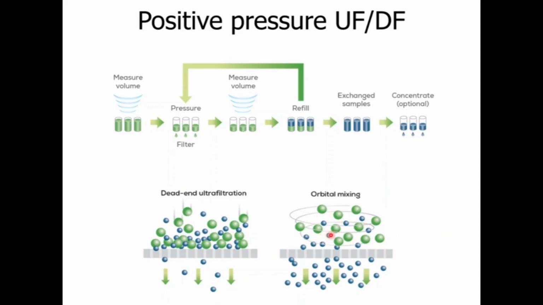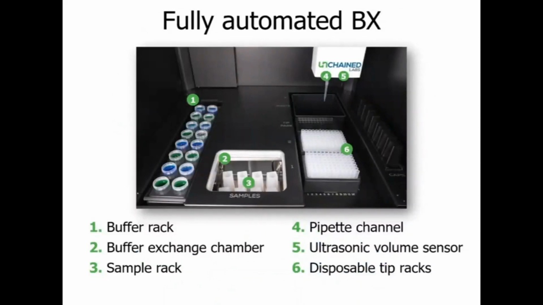We gently mix the sample while the pressure is applied. It's shaken, and that shaking program is of course programmable based on your analyte, and this continuous motion of the sample prevents clogging and leads to a faster, more gentle exchange.